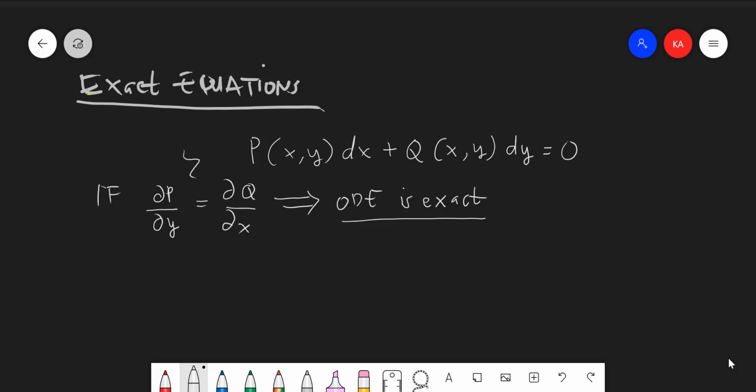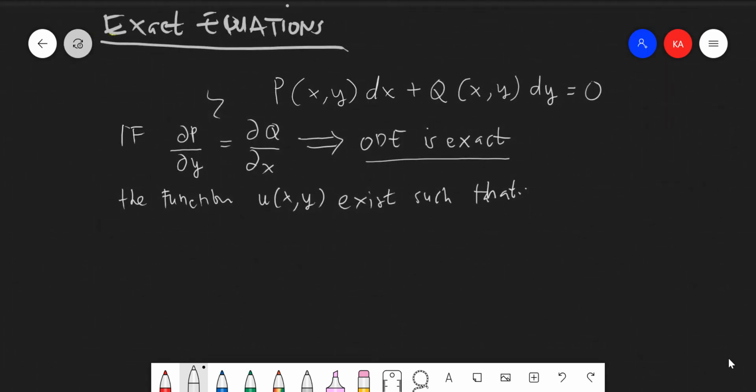This means that a function u(x, y) exists such that du is equivalent to the partial u over partial x dx plus the partial u over partial y dy.